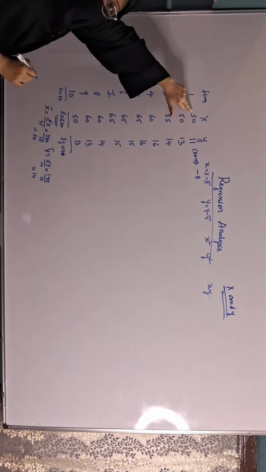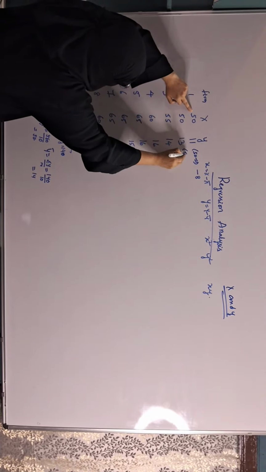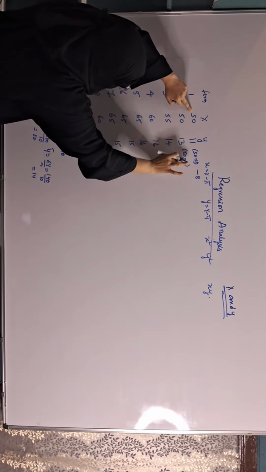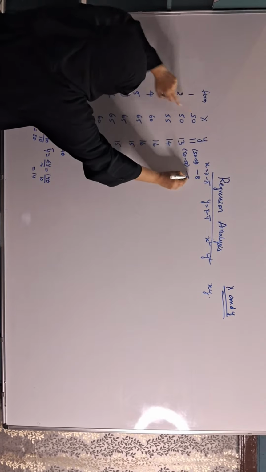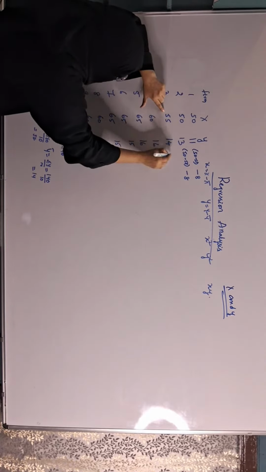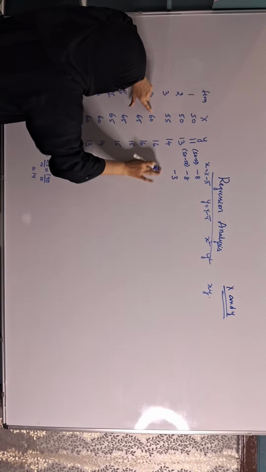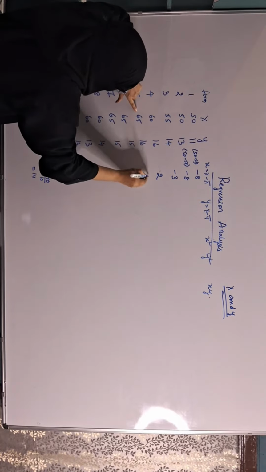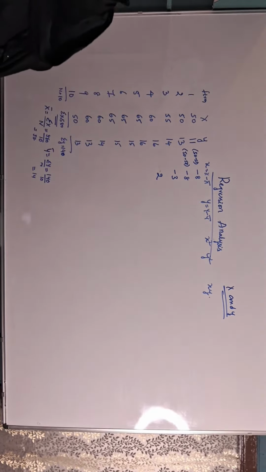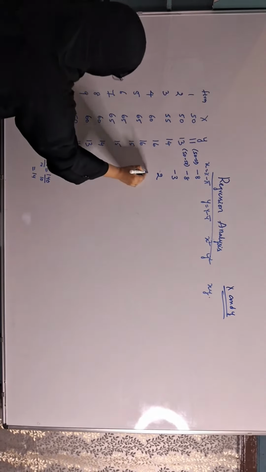Like that you have to calculate. 50 minus 58, for your clarification, I am writing minus 8 again, because the number is the same. Like that, 55 minus 58, you will get minus 3. 60 minus 58, you will get plus 2. 65 minus. So like this, you have to calculate. 2 and 7.